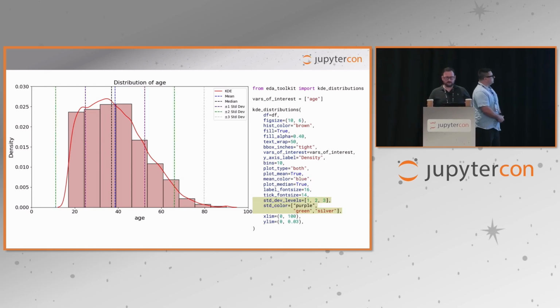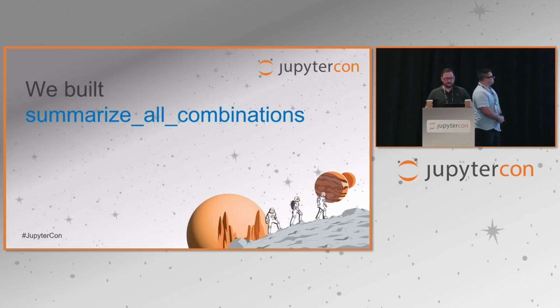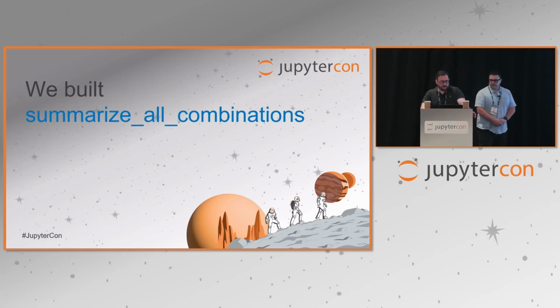Next, we can also customize whether we have 1, 2, or 3 standard deviations to be displayed. And that's that. So far we've looked at individual variables and pairwise relationships, but if you want to go broader, to see every possible combination of features in one go without manually looping or writing custom summaries each time, that's pretty much why we did this.